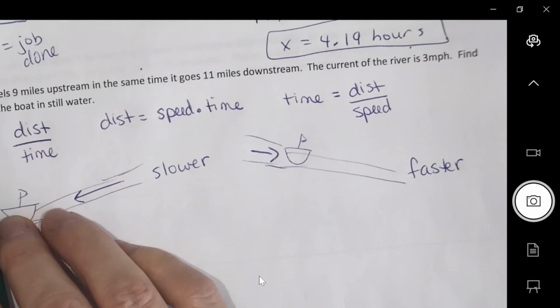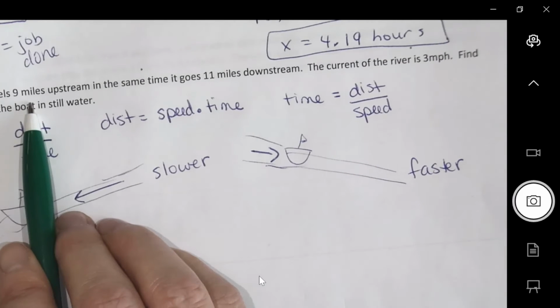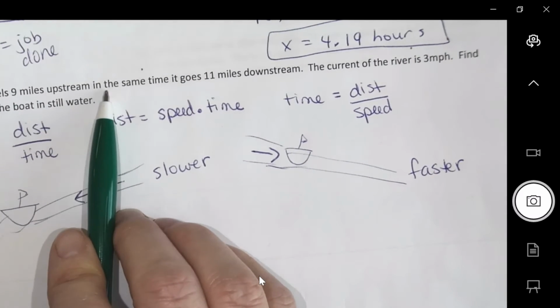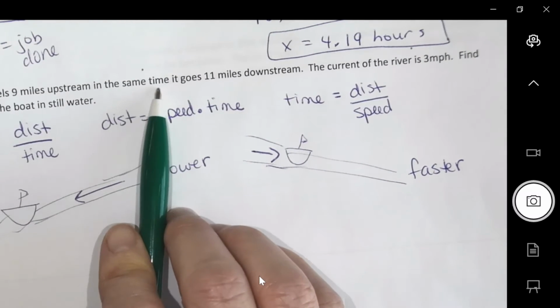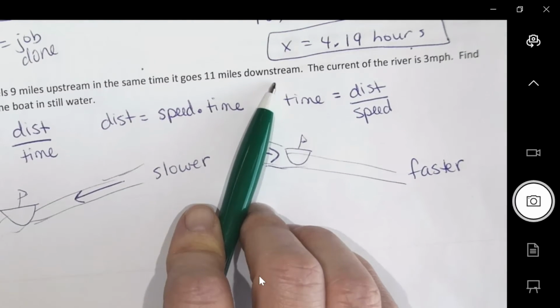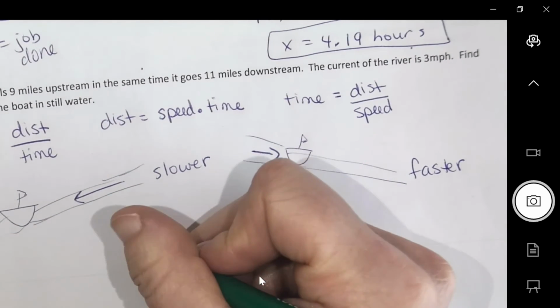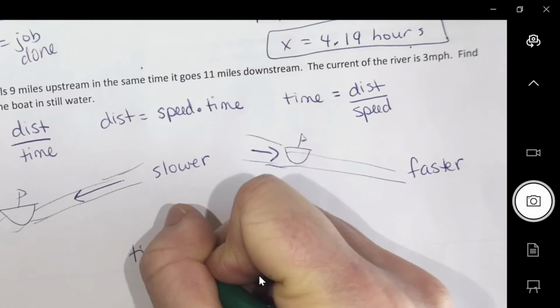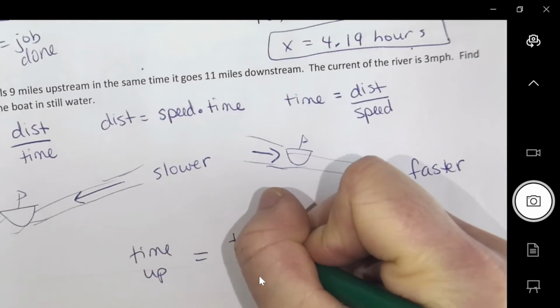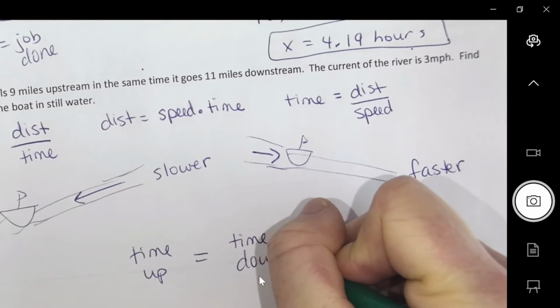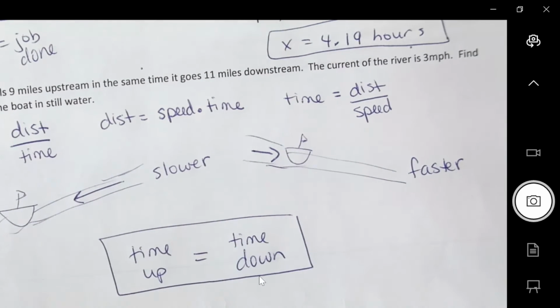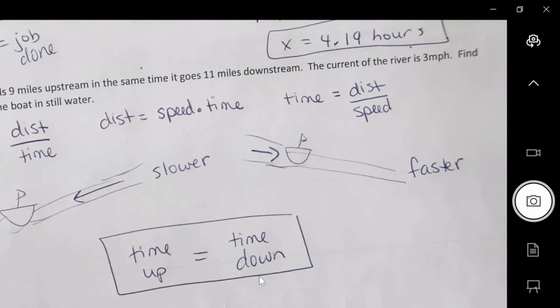Okay, here's the problem. A boat travels 9 miles upstream in the same time it goes 11 miles down the stream. So that's what I got out of that sentence. It's going the same time up the stream as it is going down the stream.